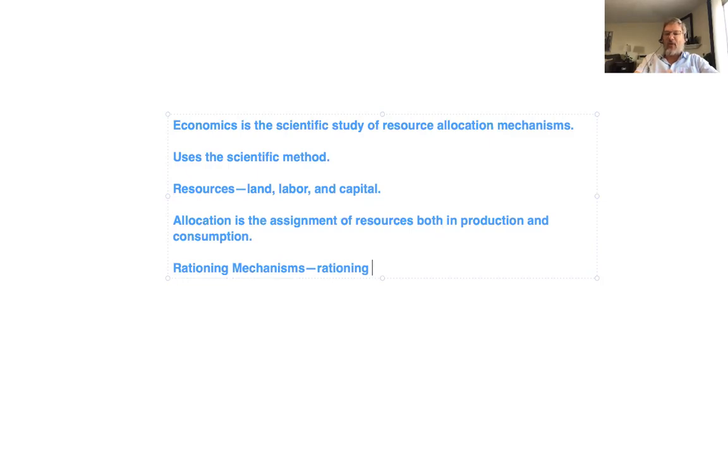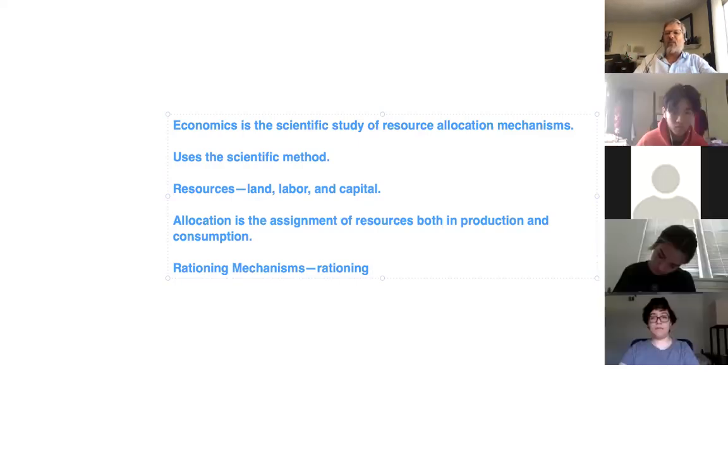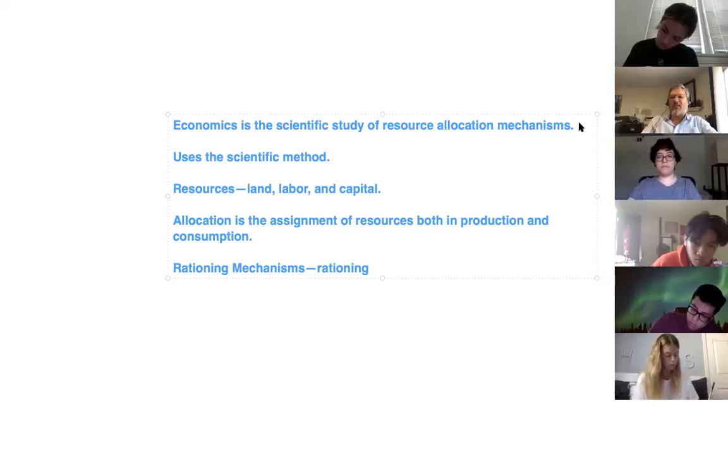I don't know if you guys remember hearing about rationing in the context of World War II, rationing with rubber or steel. But rationing is where the government normally strictly assigns a certain amount of a good to different uses, to different people at different times.